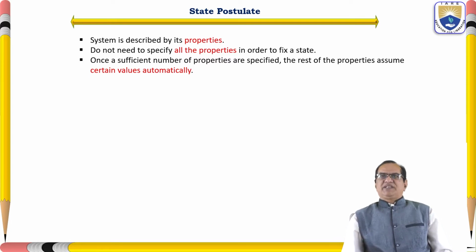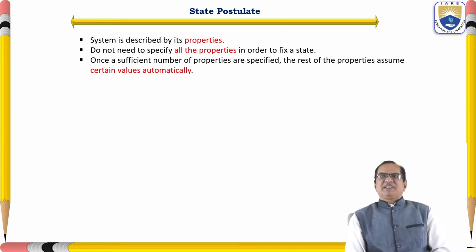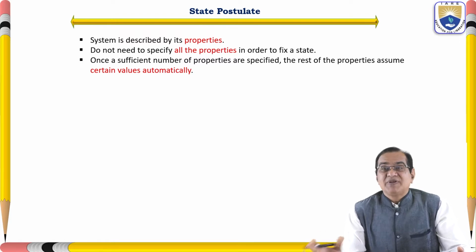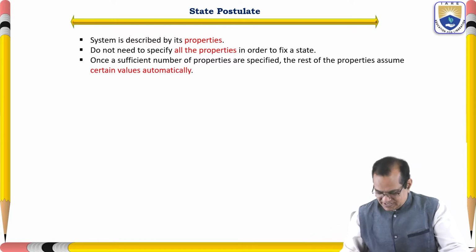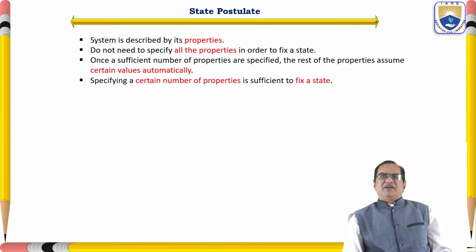Once a sufficient number of properties are specified, the rest of the properties assume certain values automatically. If you know two properties, we can find the others because they are all related by equations, and accordingly we can find them with the help of mathematical equations.